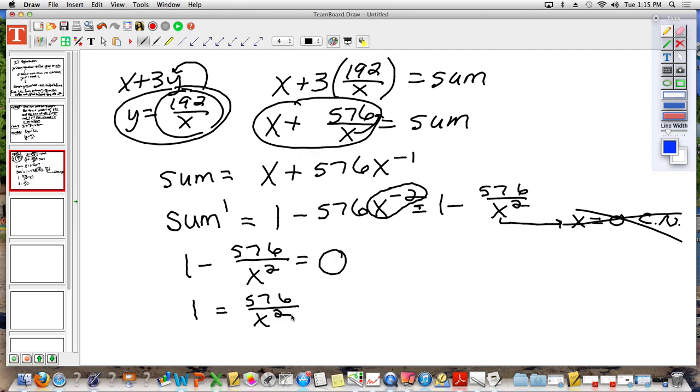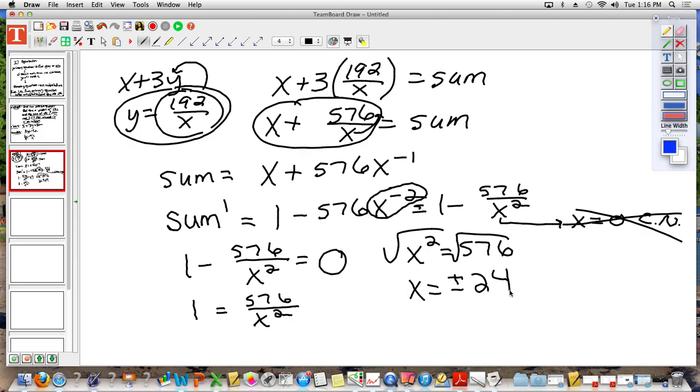So x squared is going to be equal to 576. What's x then? 24. Yep. Take the square root of each side. X is equal to positive and negative 24.